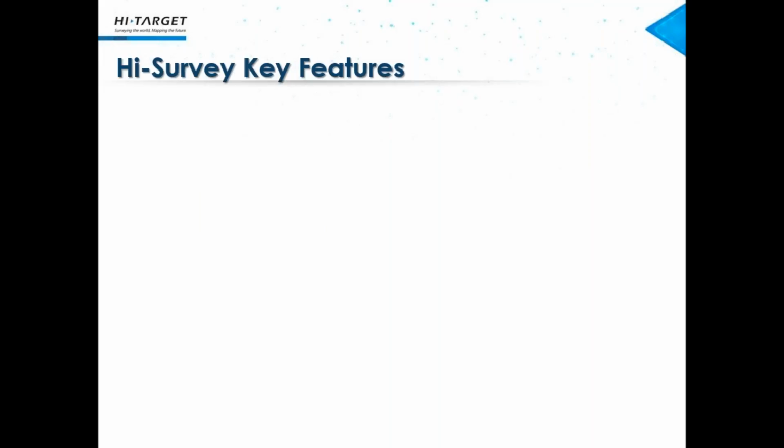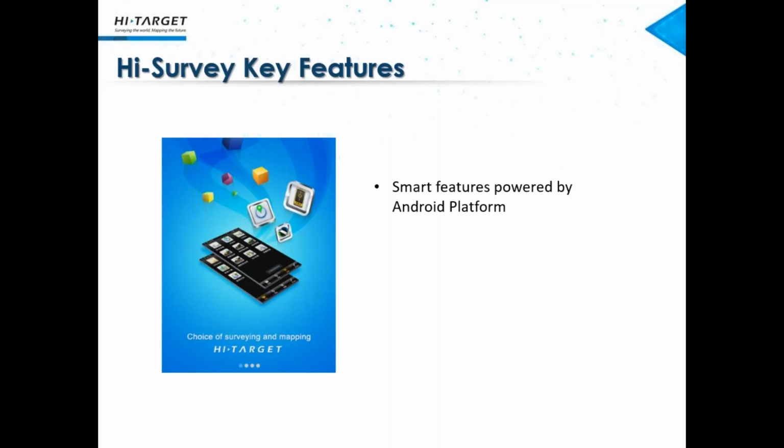Before that, I would like to take a few minutes to introduce some key features of Hi-Survey to you. So this app has smart features powered by the Android platform. You may ask, why do we select the Android platform?